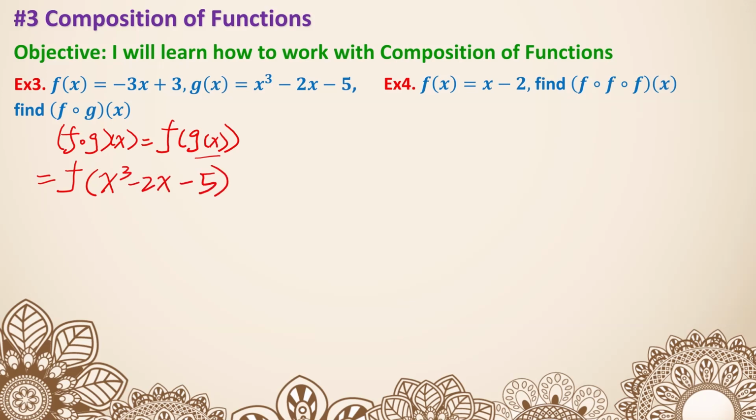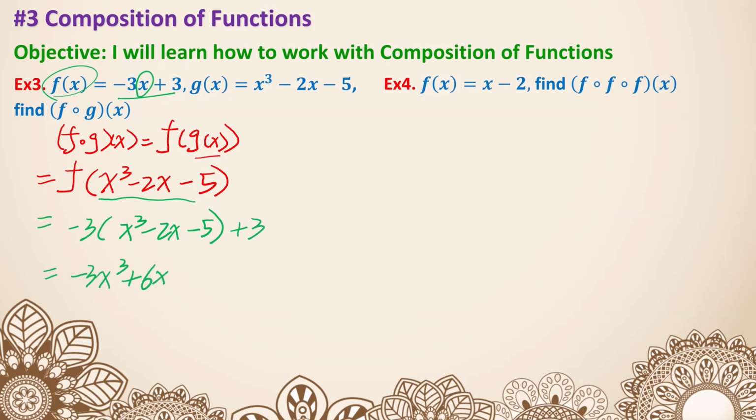And now I'm going to focus on my f of x, replace the x with all that. So it's negative 3, then x cubed minus 2x minus 5. We still have a plus 3 on the end. Let's distribute. Negative 3x cubed plus 6x plus 15 plus 3 on the end. Simplify. Negative 3x cubed plus 6x plus 18. There you go. That's example 3.